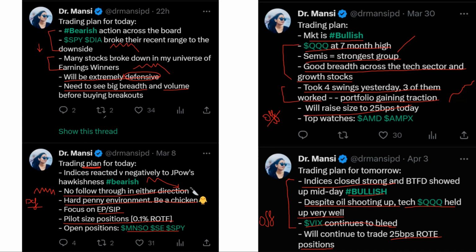So hopefully this makes sense now. It's a very, very simple process. You're looking at the same three things, which is the market, your portfolio, and your watch list. Then you are determining, am I going to play offense or defense?